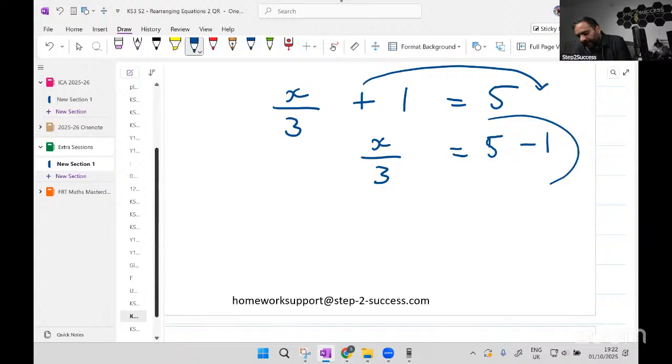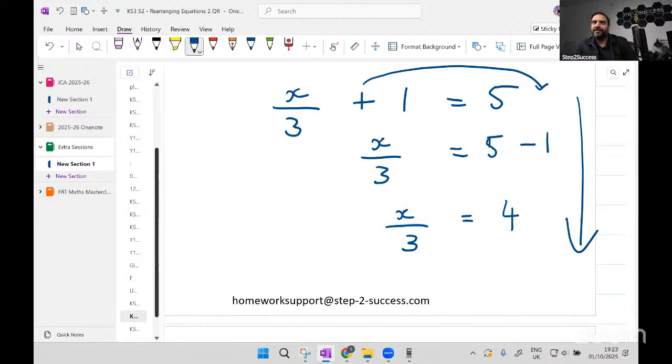Then, if you can work out what this is, you should. 5 take away 1 is 4. And if you notice how I'm doing my working out, this is really important. Your working out should always go downwards like this. And then to finish off, if I want to get this x by itself, and right now it's being divided by 3, I can remove the 3 by timesing it to the other side. And therefore you get 12, and x is 12 in this particular case.